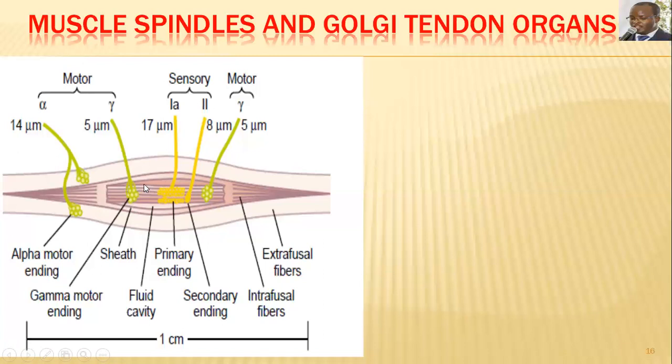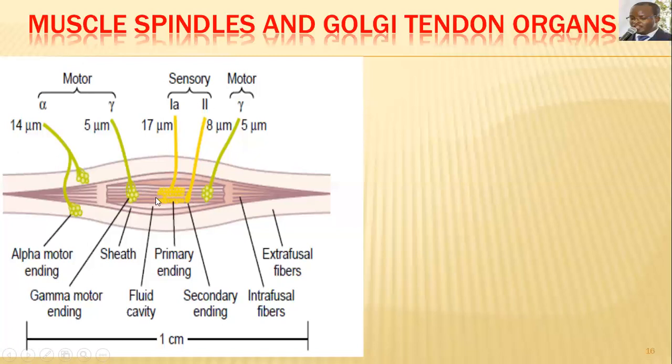The middle part of the intrafusal fibers doesn't contract at all, but towards the end of the intrafusal fibers, you can find few actin and myosin that are also involved in contraction. That is also involved in the muscle tone mechanism that we'll discuss towards the end.